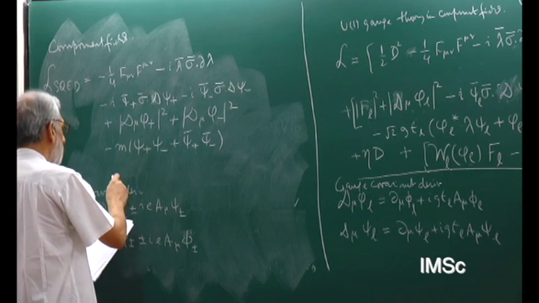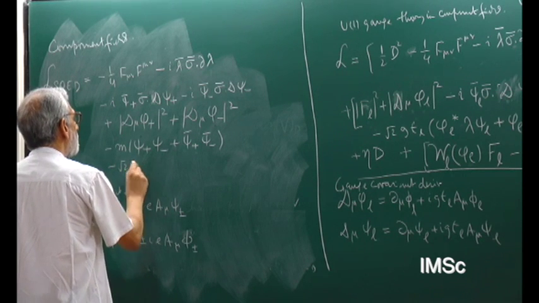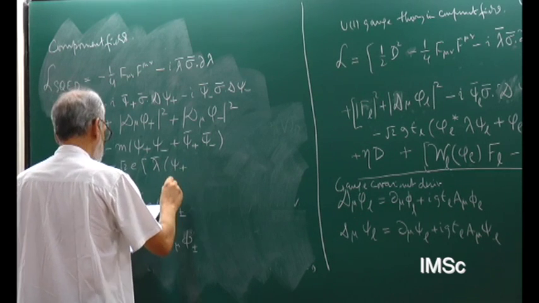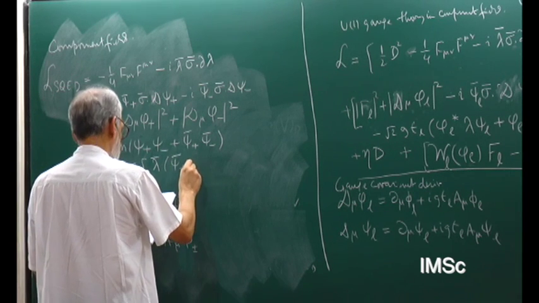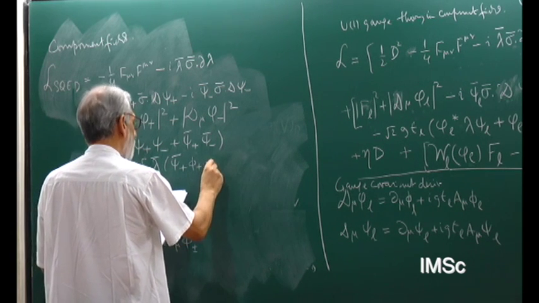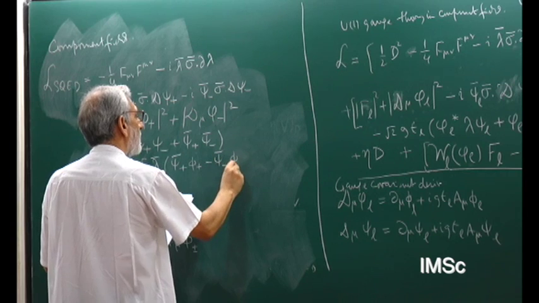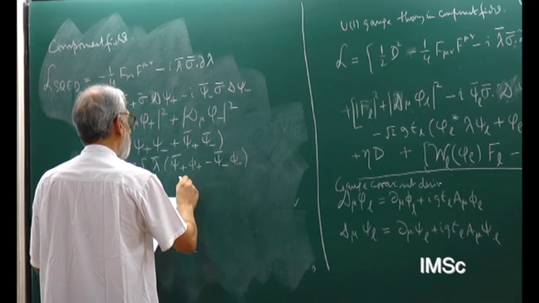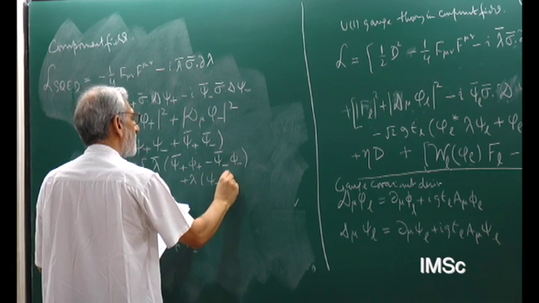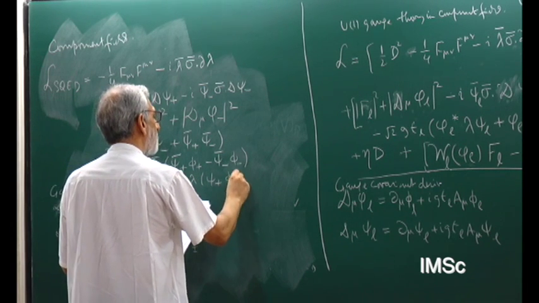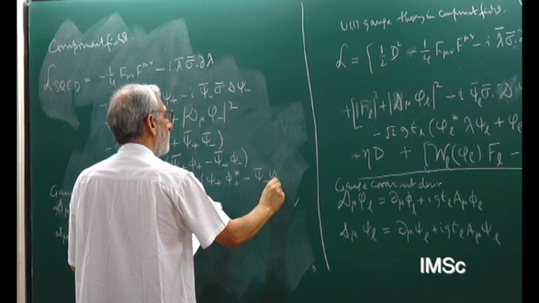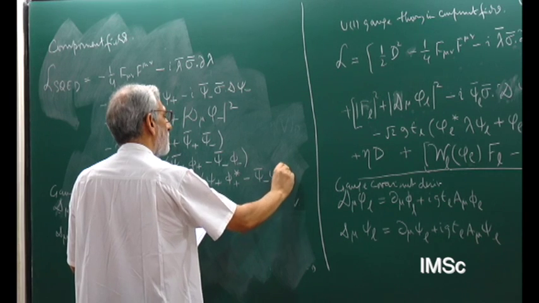And then the Yukawa coupling, root 2 e lambda bar psi plus bar phi plus minus psi minus bar phi minus, plus lambda psi plus phi plus star minus psi minus bar phi minus star.